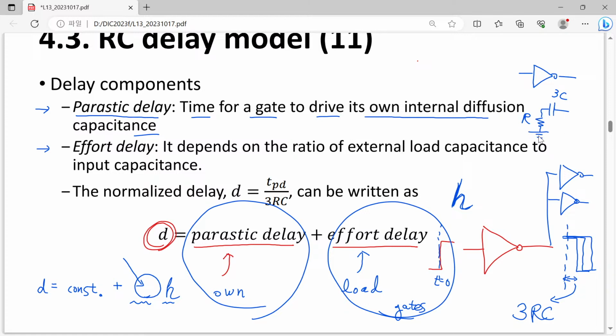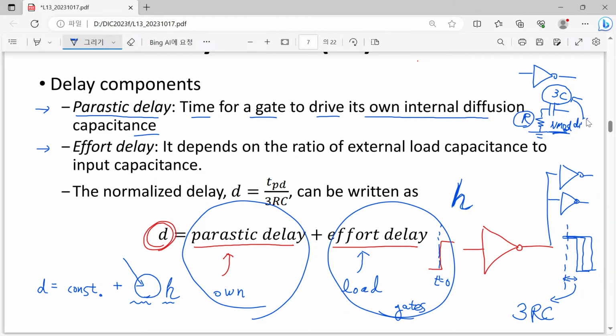This was related with our MOSFET's effective resistance, and this 3C comes from the diffusion cap of our NMOSFET and PMOSFET. If you remember correctly, this 3C can be decomposed into two terms, C and 2 times C. The origin of this C was our NMOSFET, and 2 times C came from our PMOSFET.